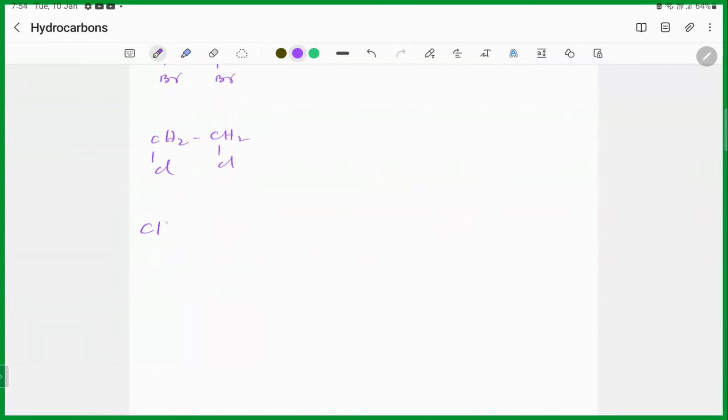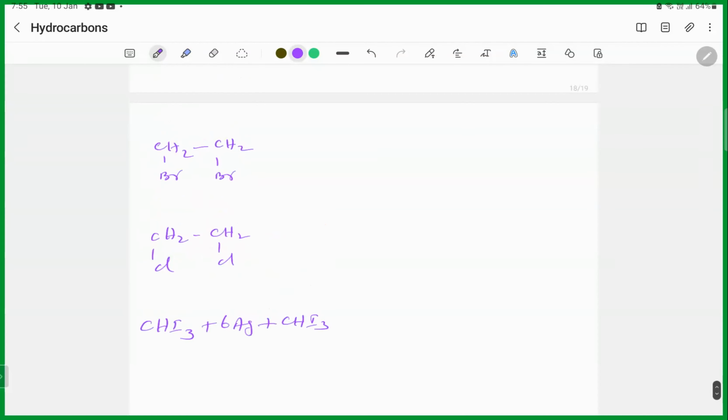And chloroform, iodoform CHI3 plus 6 Ag plus CHI3, twice the molecule. When you are heating this, all these will give only one product, that is CH triple bond CH.